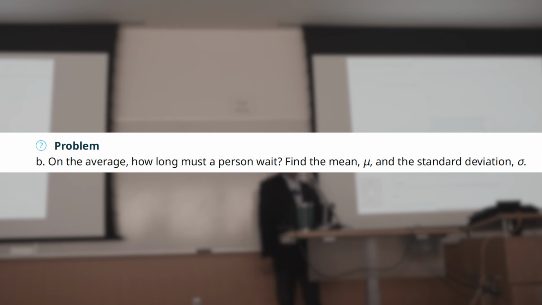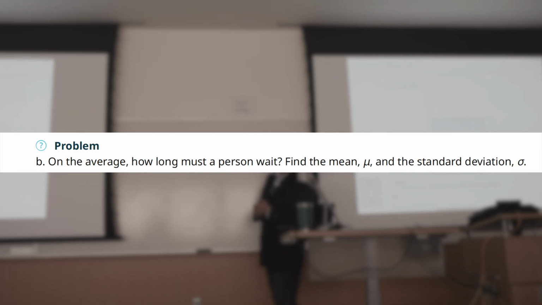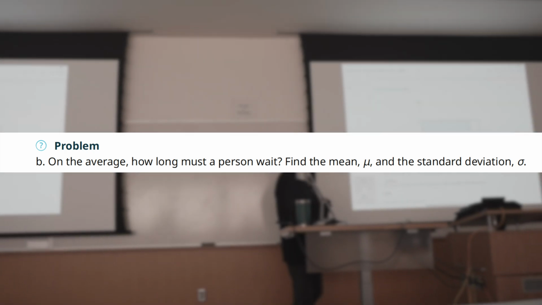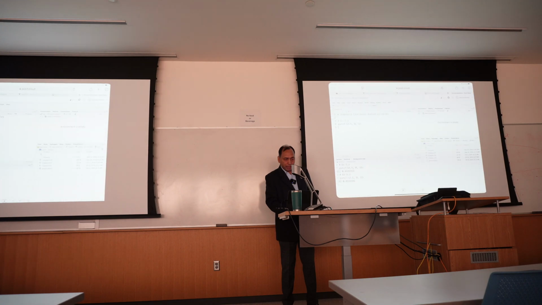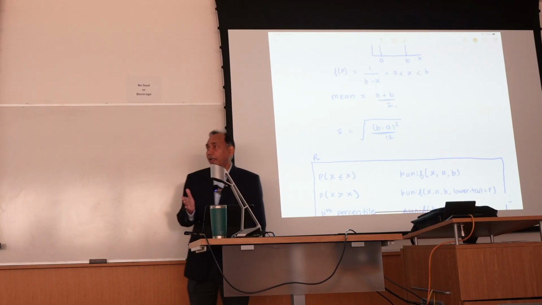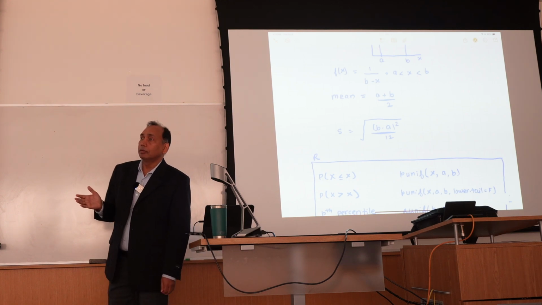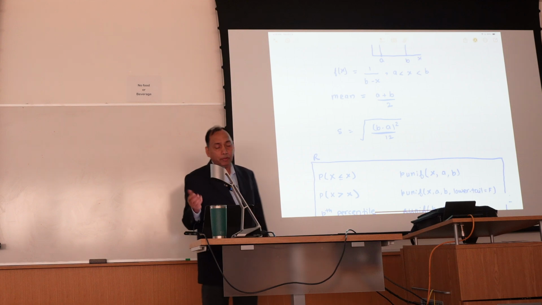On an average, how long must a person wait? In that sentence itself, it is telling you to find average. It is asking what is the average. And the formula I gave you for average is a plus b by 2. So a is 0, b is 15. So 0 plus 15 is 15 divided by 2, 7.5.